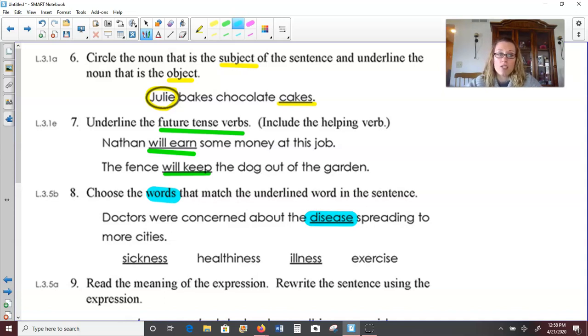Oh, we should have a lot of experience with the word disease, being that it's been on every news channel lately, and we're dealing with our own disease right now, spreading to more and more cities. So what are some other words for disease? I think you should know sickness and illness, okay? And hopefully this disease will be over very soon.